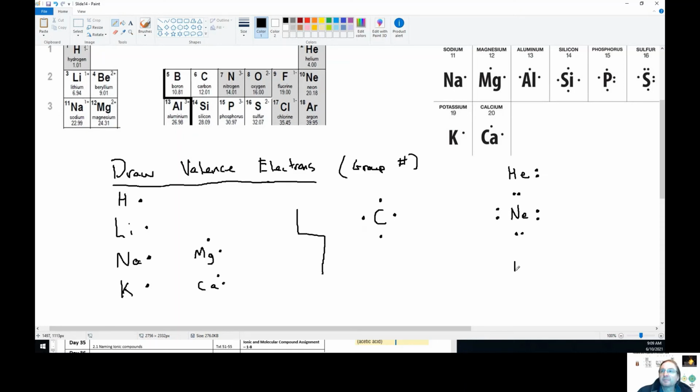Let's look at argon. Again, group 18, therefore it's got 8. We call that also an octet. So that octet, or 8, it wants to have 8. In the case of metals, if they give them away, then underneath, their next shell of electrons is going to be 8.